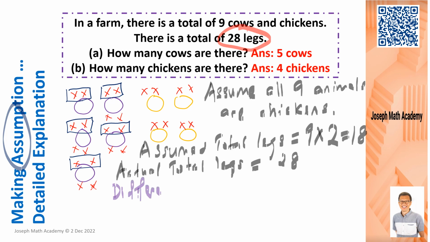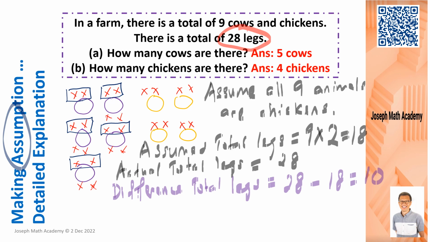The difference in the total number of legs will be 28 minus 18, that is 10, which is clearly seen in our diagram, because there are 10 hidden legs from the cows. So these 10 hidden legs, the difference in total legs, should come from the cows.